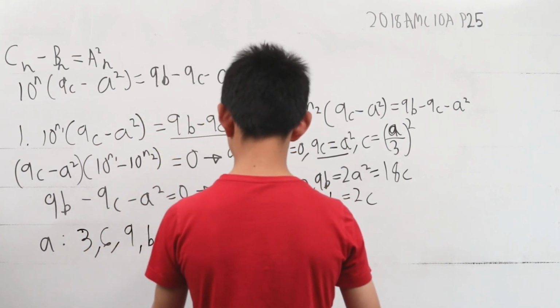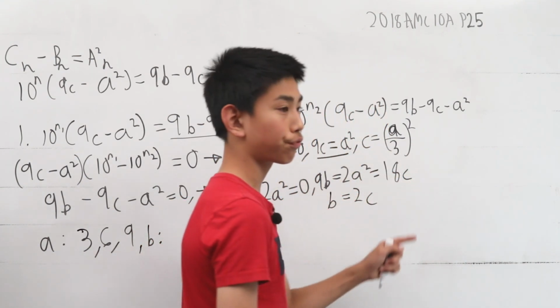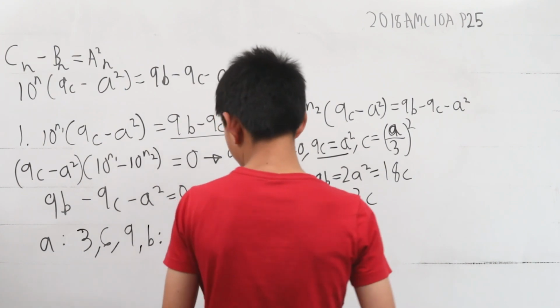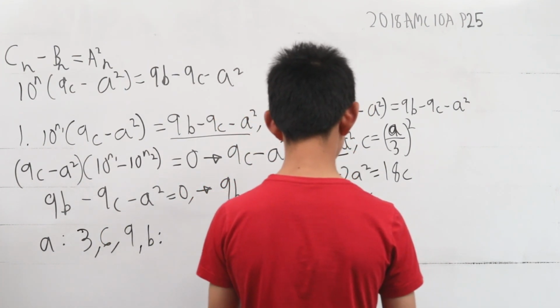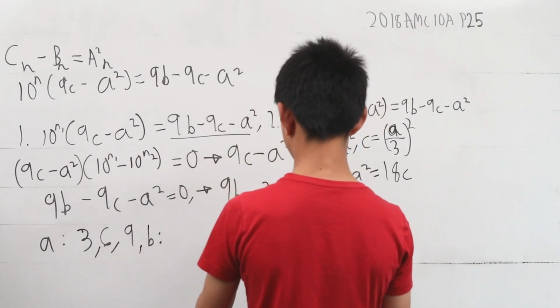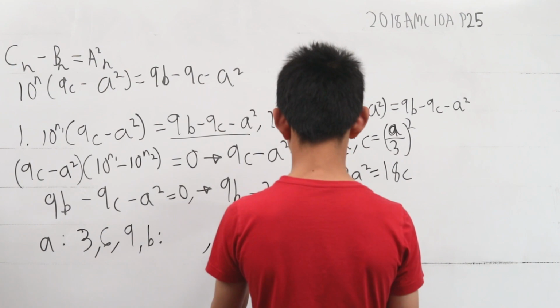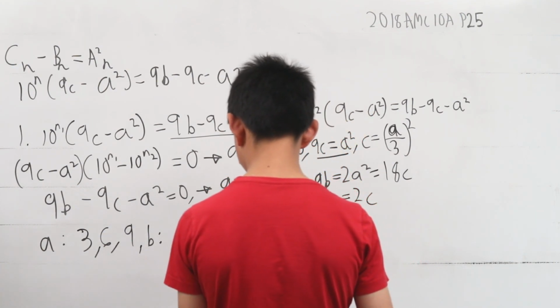Well, I'm just going to write down b. But we can derive values for c from this. So when a is 3, c has values of 1, 4, and 9. Yeah, so they also have values of that.